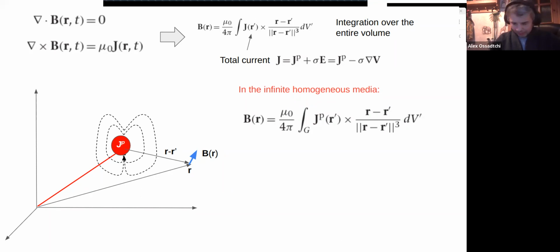Please. I have some problems with connecting this pad. Okay. If you don't have questions, then let us continue.